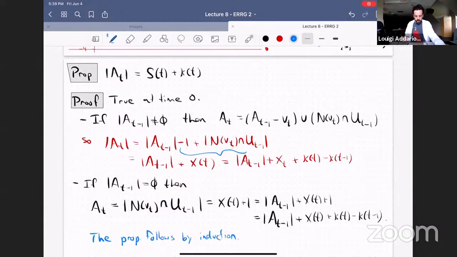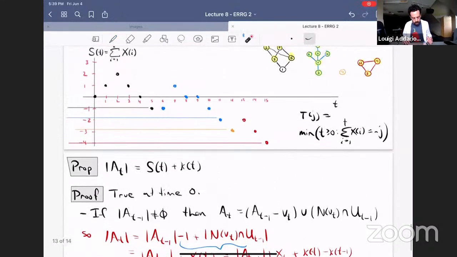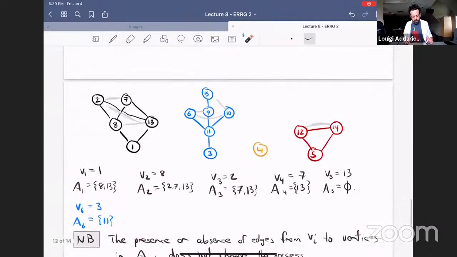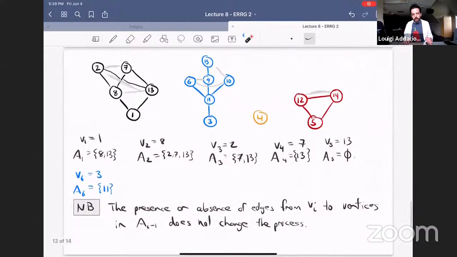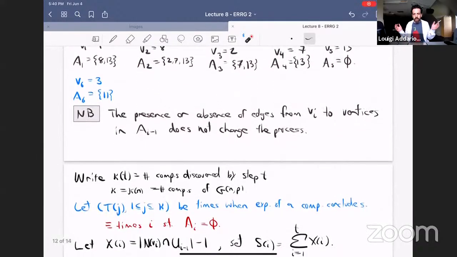Okay, so we can see from this process how many components we've explored so far and how many active vertices there are. And if we don't care about these gray edges and we don't care about the precise labels, then that's all we need to know.